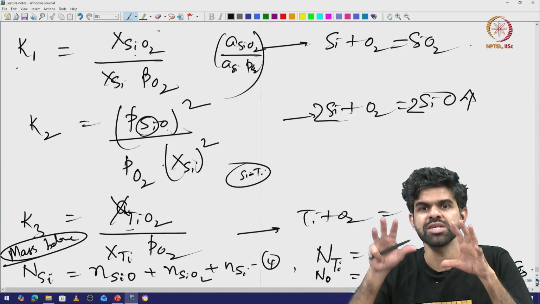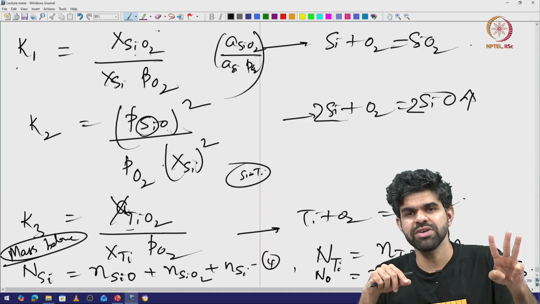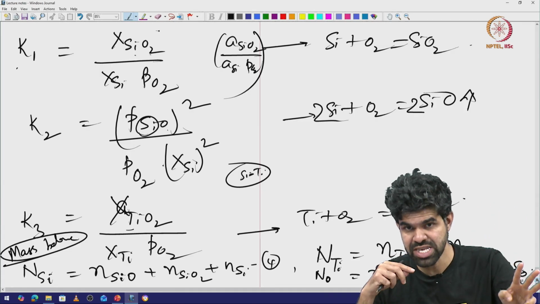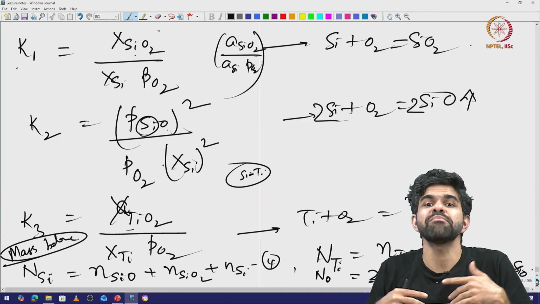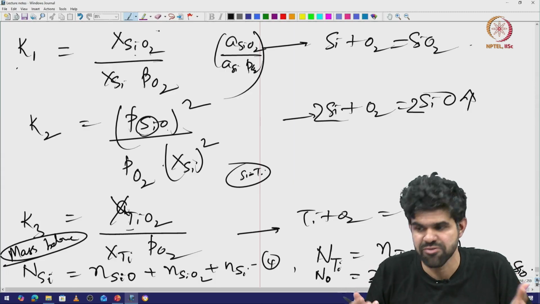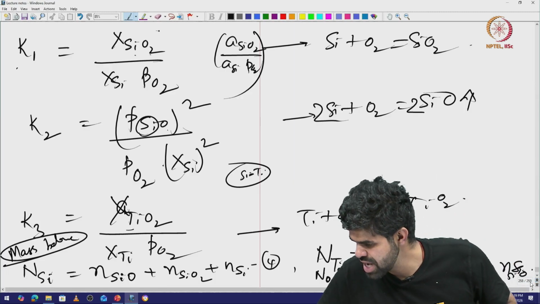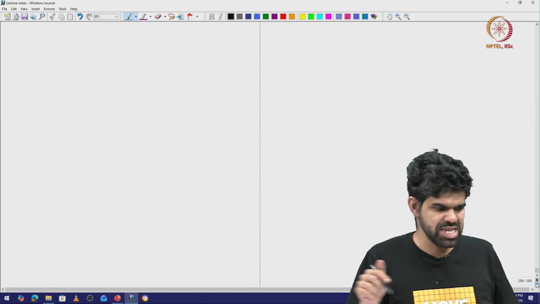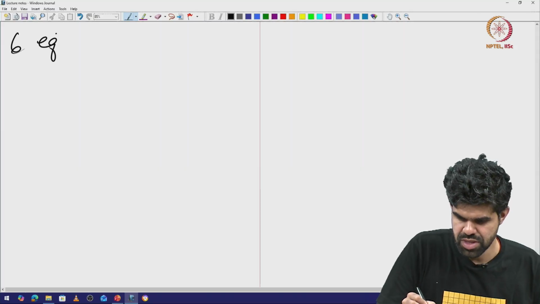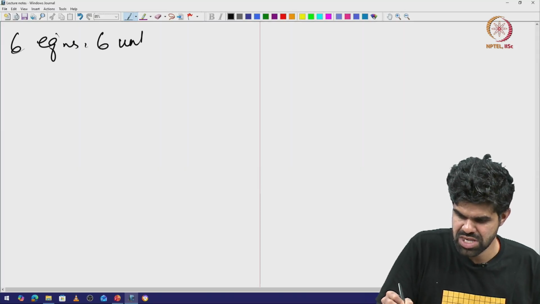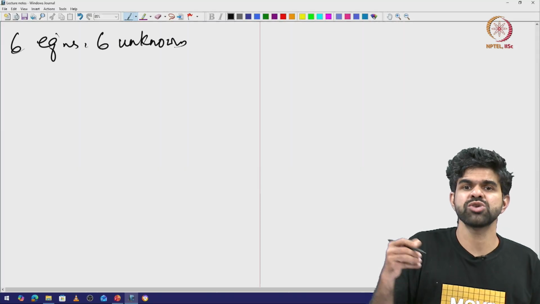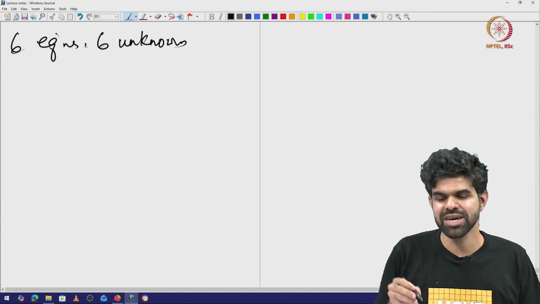But for thermodynamics I have 3 equations coming from the reactions, right. So 3 reactions and 3 from mass conservation, right. So I need to conserve mass here, okay. So once I conserve mass I am going to have 6 equations, 6 unknowns. These K1, K2, K3 can be read off from my equilibrium diagram, right.